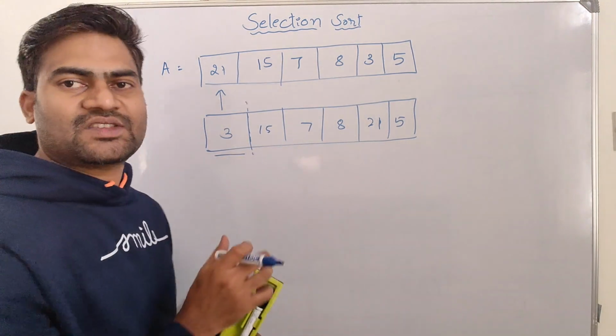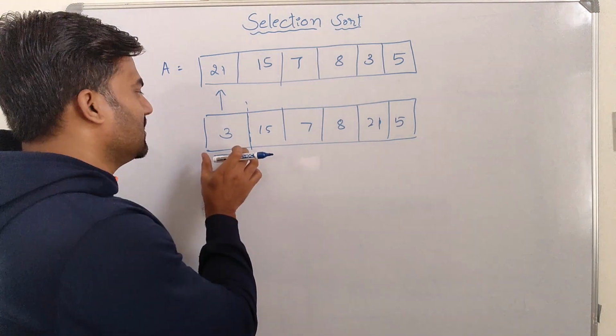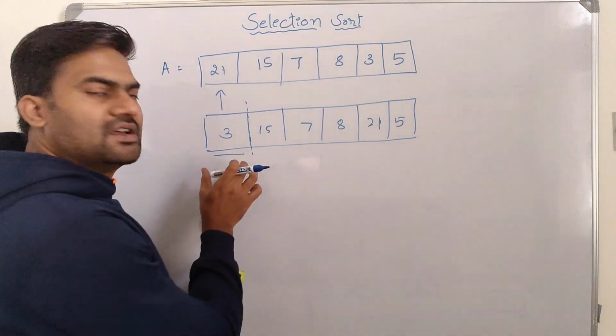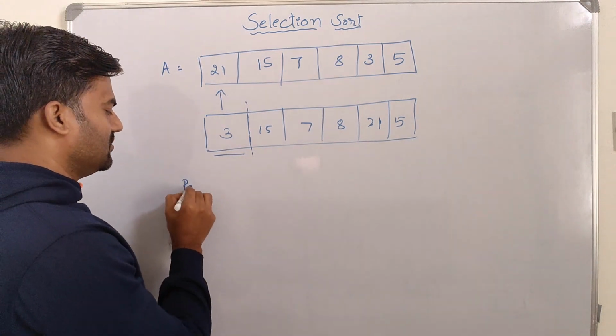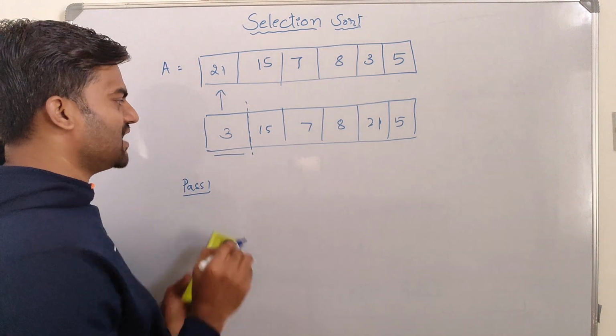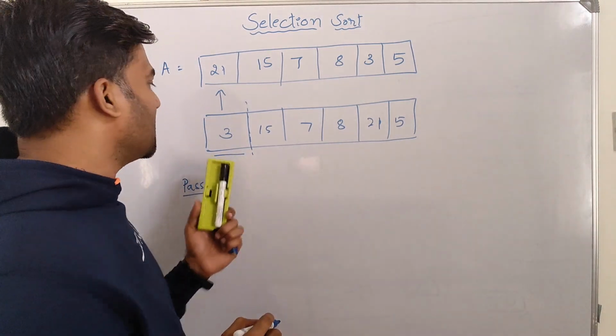We normally call this the first pass, because we are trying to keep the first element sorted. So this is pass 1. In pass 1 we arrange the first element in the array.